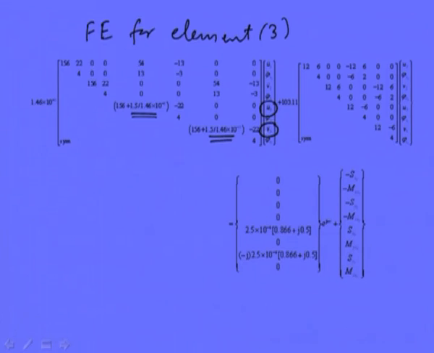So 1.5 was the mass of the disk, and because this term is common here, we need to divide that by that amount. So this is the contribution of the disk. The stiffness matrix is not getting changed because the disk is not affecting the stiffness.